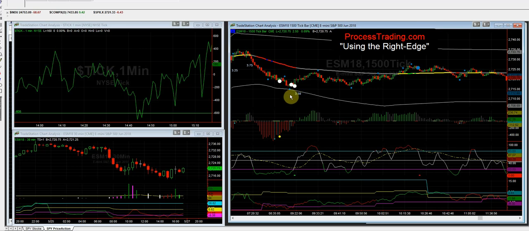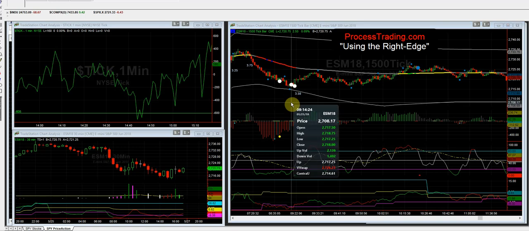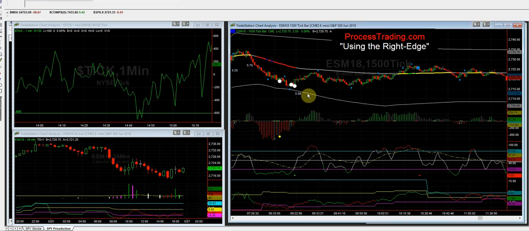And the way that we're going to take this discretionary trade is, in this case, because it's so close to the contrarian band, we're going to use our contrarian rules. Our contrarian rules say that we can trade a counter trend trade when we have the timing alert dot and price is supposed to touch the contrarian band. In this case it didn't, but we're still applying those rules.